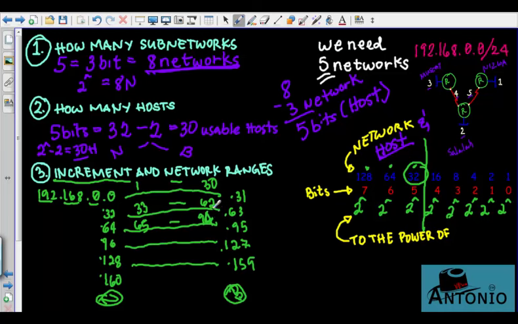Okay, that is 94. And 97 up to 126. And last is 129 up to 158. And there you have it.